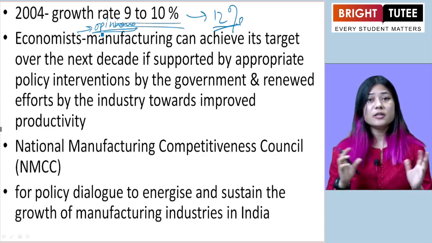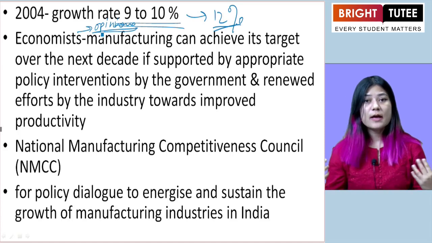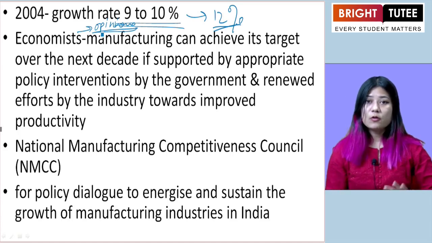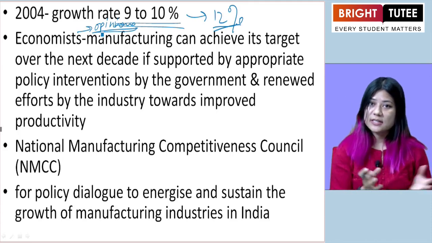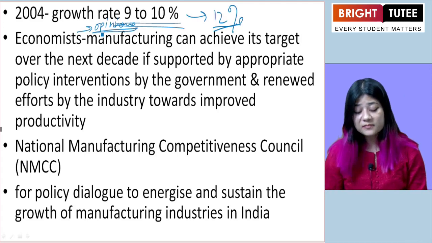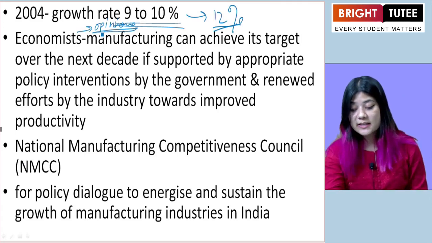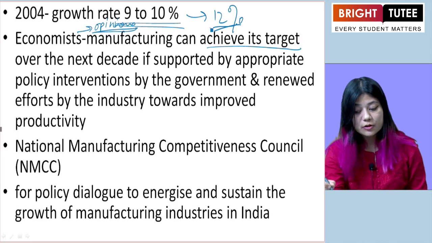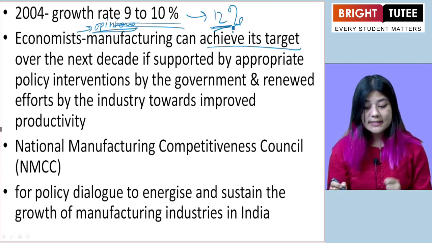Help the industrial sector grow so that the country also develops, because we know with the growth of the manufacturing sector, the country's economy also grows. So the economists have said that manufacturing can achieve its 12% per annum target over the next decade.